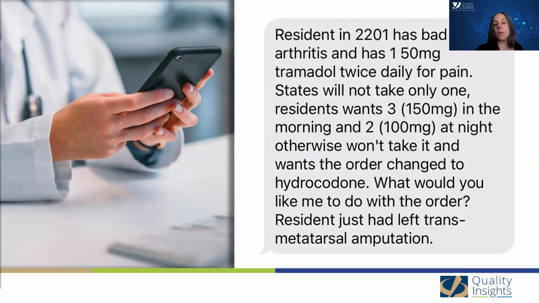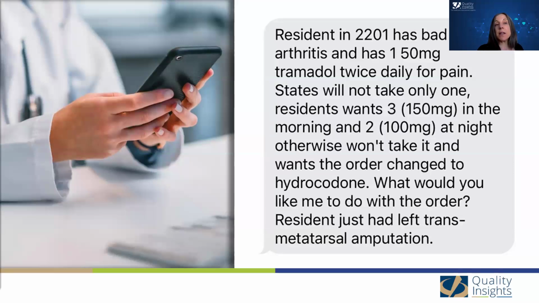So we have the original order of 50 milligrams twice daily, and the dose escalation request is more than twice that. Otherwise, won't take it. And wants the order changed to hydrocodone, which is another opioid. What would you like me to do with the order? Resident just had left transmetatarsal amputation.